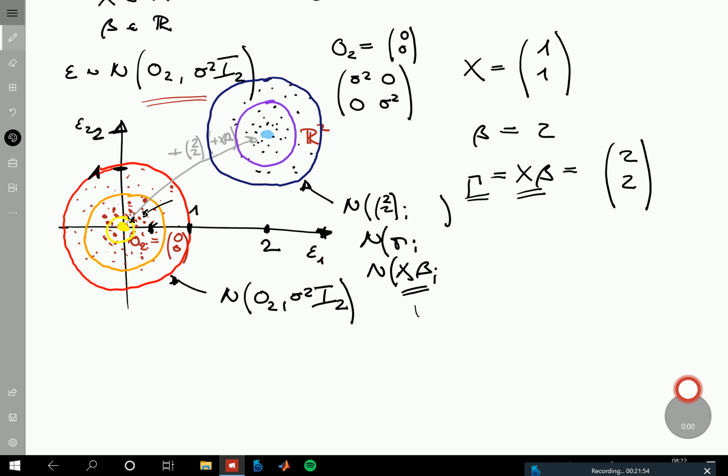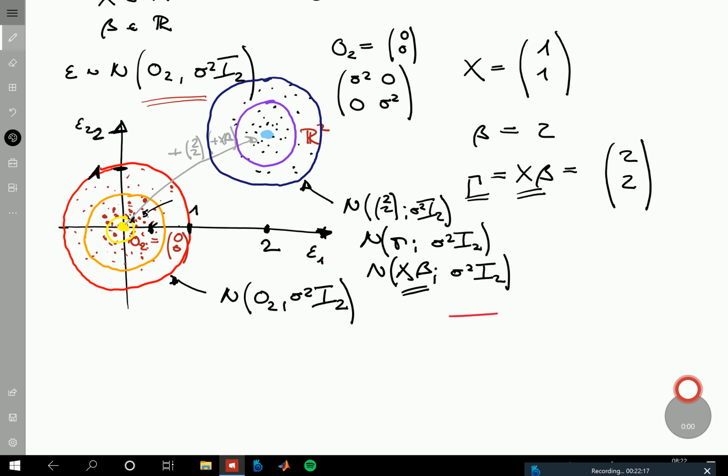Yes, and what is that? In how many dimensions, the identity matrix? Yes. So these are all the same as previously.